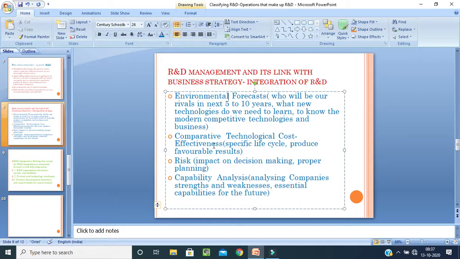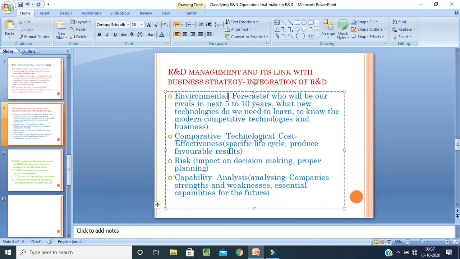All these things will be carried out by the expert people. These things help research and development management to identify business strategies and the integration of R&D.